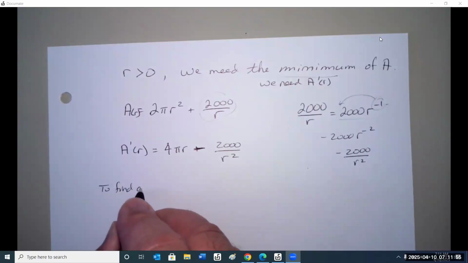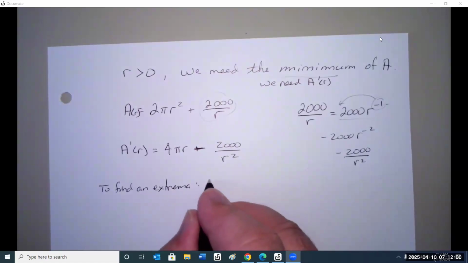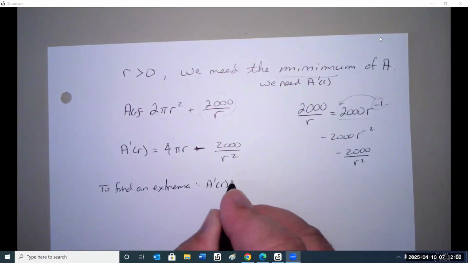To find an extremum, we take the first derivative and set it equal to 0.